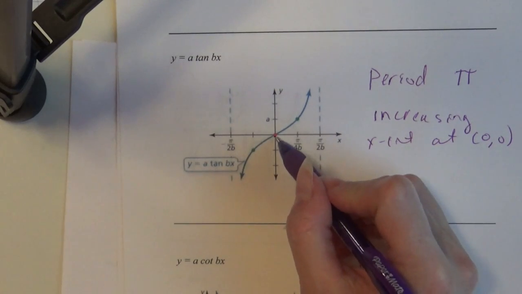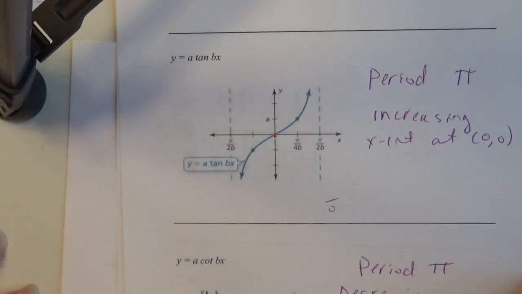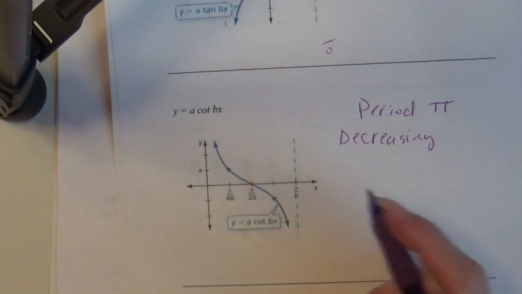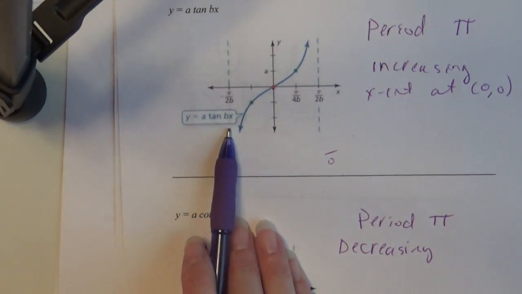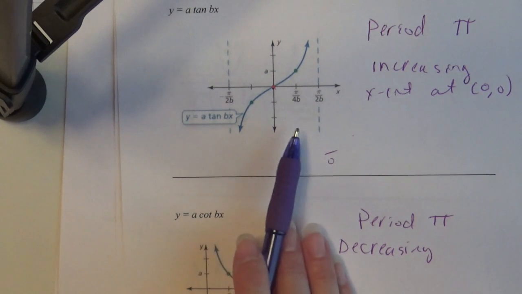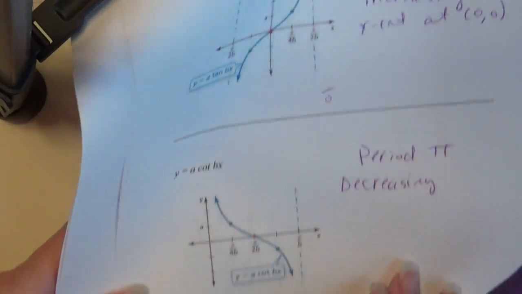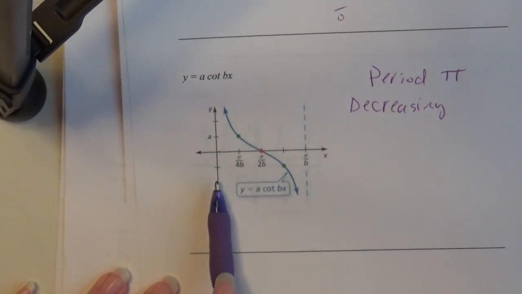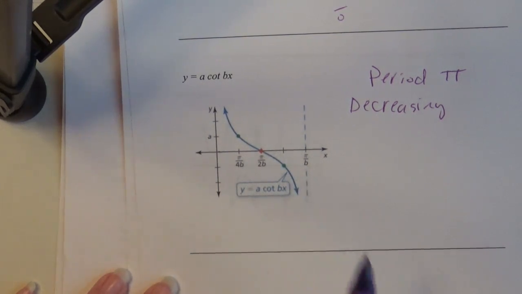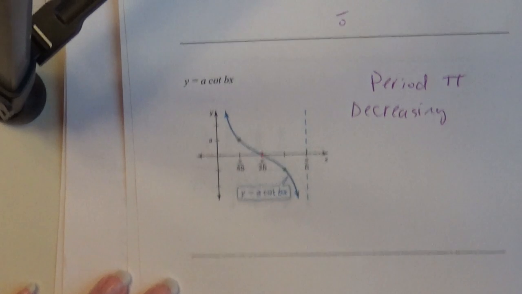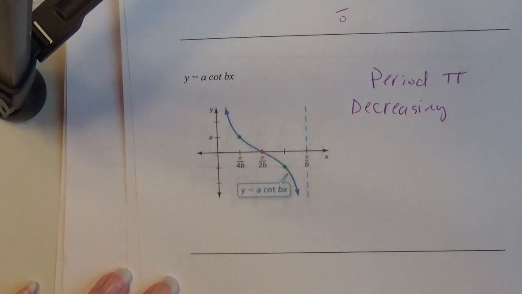So that means that the x-intercepts from the tangent function are going to become vertical asymptotes on the cotangent function. So that's why we're not looking at it from negative pi over 2 to positive pi over 2, but rather between the vertical asymptotes at 0 and pi. So the x-intercepts for the tangent function are going to be vertical asymptotes on your cotangent function.